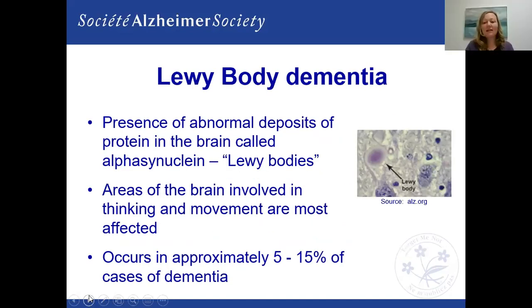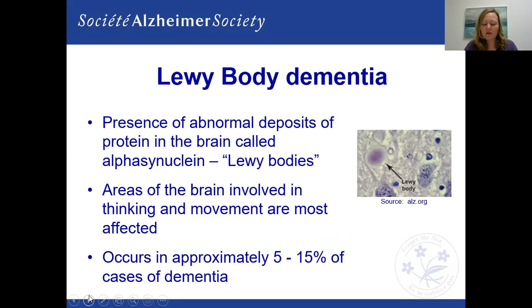All right, so our next type of irreversible dementia that we're going to talk about is Lewy body dementia. Lewy body dementia occurs in about 5 to 15% of all cases of dementia. It's a form of dementia that's characterized by abnormal deposits of a protein called alpha-synuclein that form inside a brain's nerve cells.